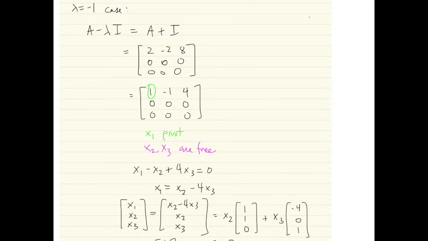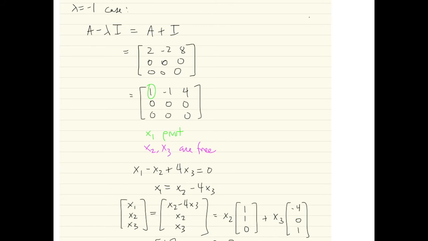Next, let's do the case where our eigenvalue lambda is negative 1. Then A minus lambda I becomes A plus I, and adding 1s to the diagonal entries of A, we get this matrix. Now we need to find the null space of this matrix, so we row reduce, and when I do that, we get this.